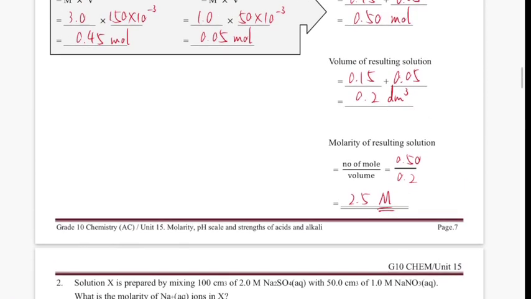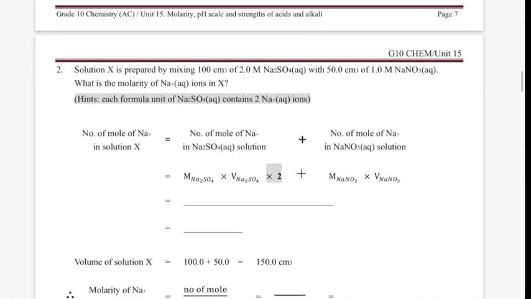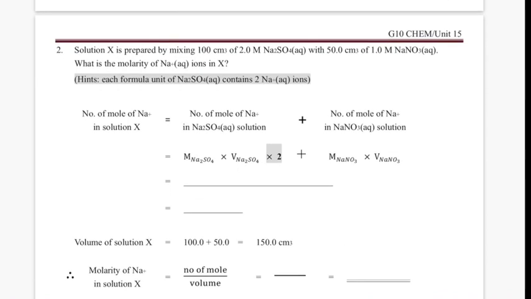And take a look at the second example. It starts to get a little bit complicated, so pay special attention. Here we got solution X prepared by mixing 100 cm cube of 2 molar sodium sulfate with 50 cm cube of 1 molar sodium nitrate.